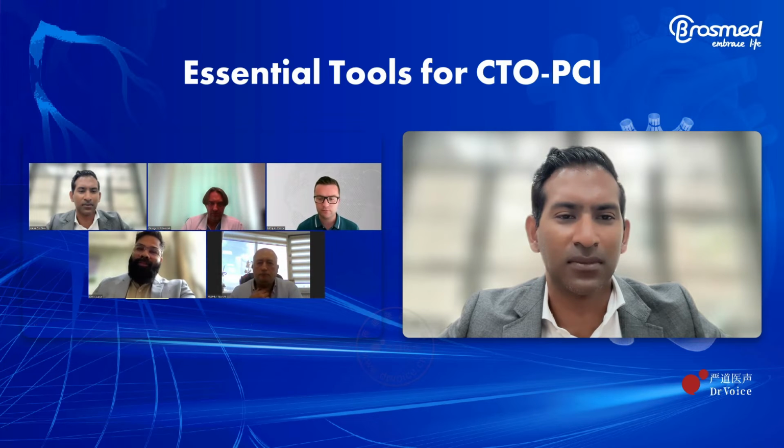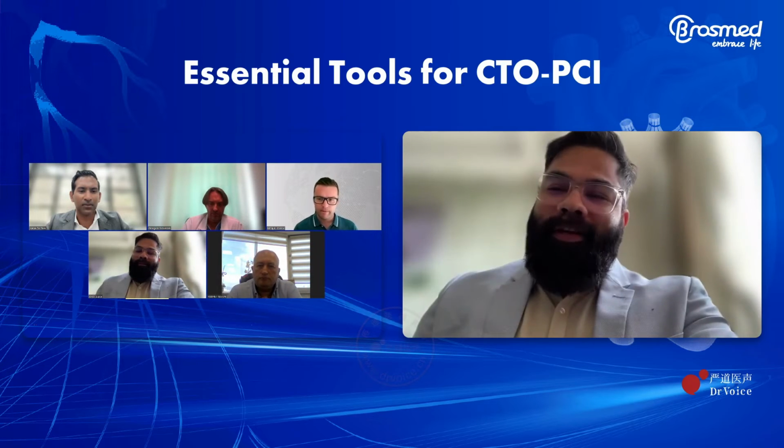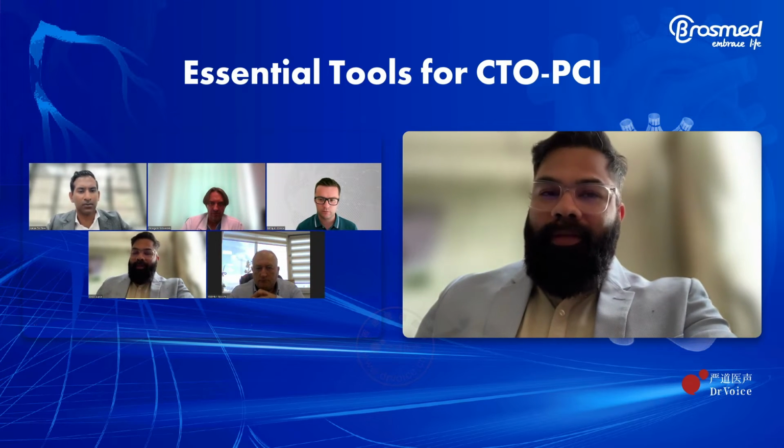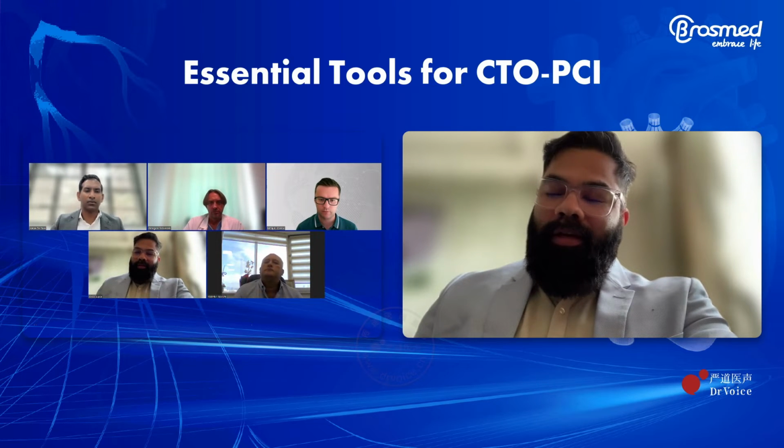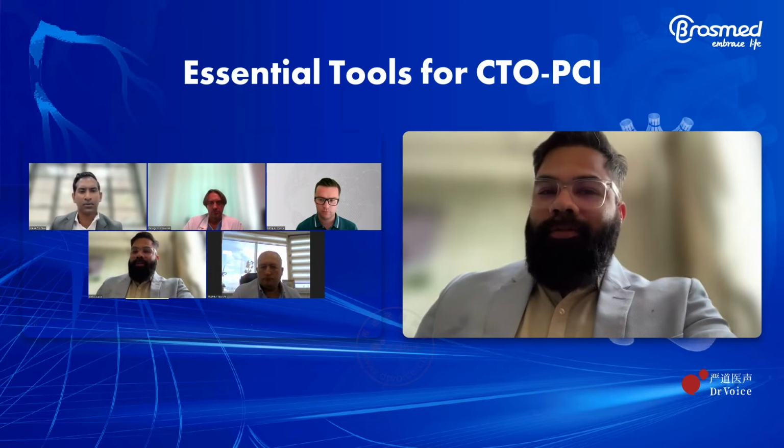I usually take the Fine Cross for the antegrade approach in CTO, or maybe sometimes Crusade when angulated, whenever there is a hostile CTO. And for the retrograde, I used to take the Corsair Pro.